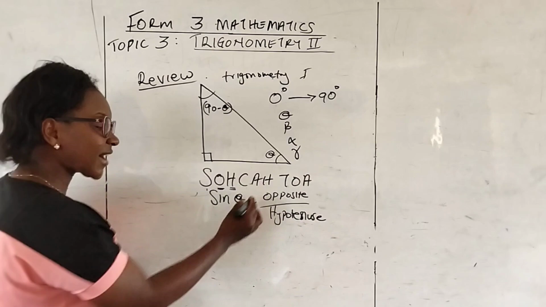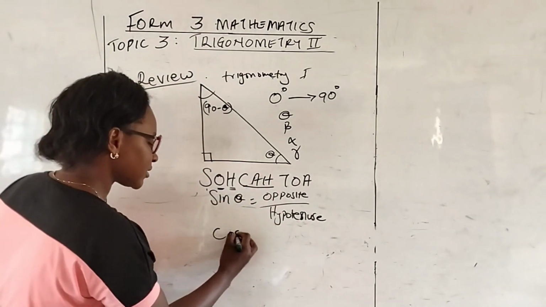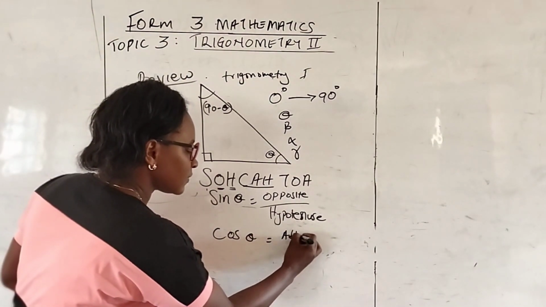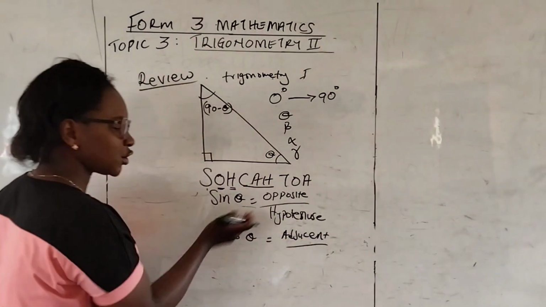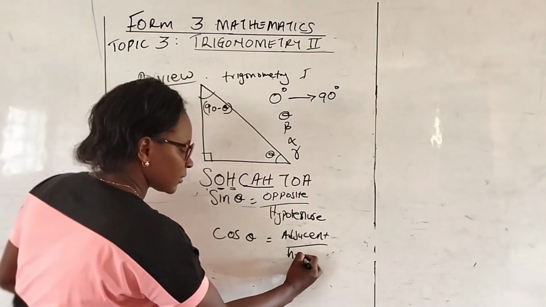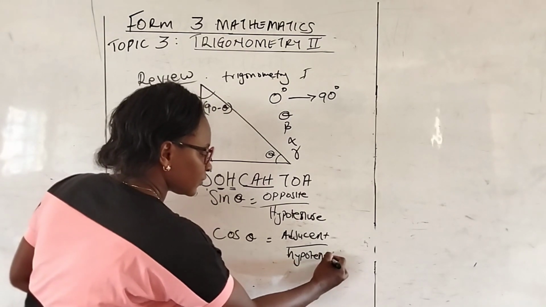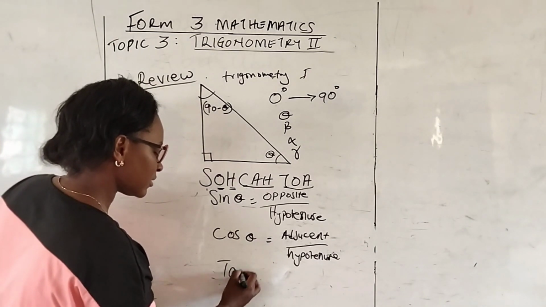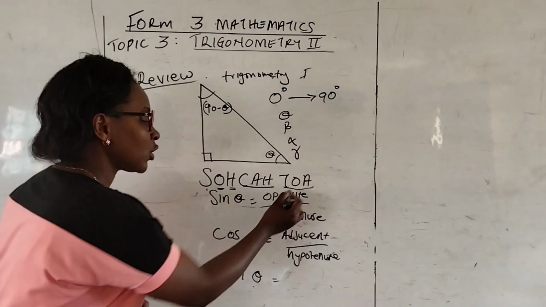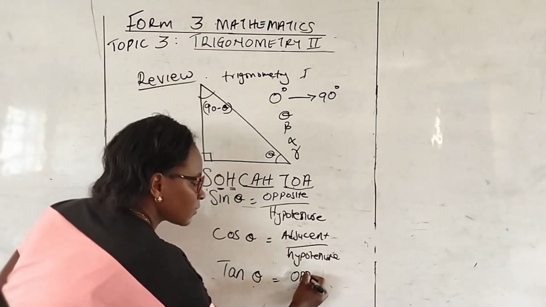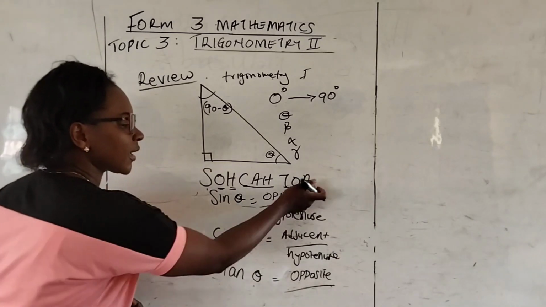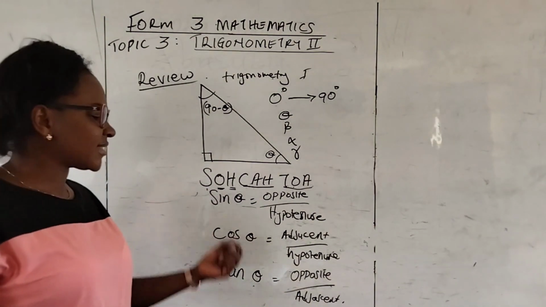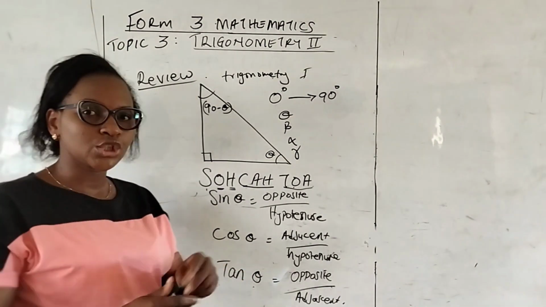Then we have CAH, which means cos beta is given by adjacent divided by H hypotenuse. Then we have TOA, the last part, that is tan theta is given by O for opposite over A for adjacent. Okay, that is a brief review of trigonometry 1.